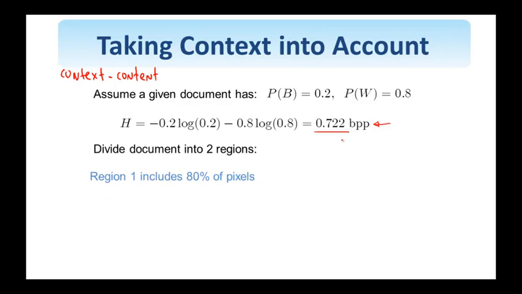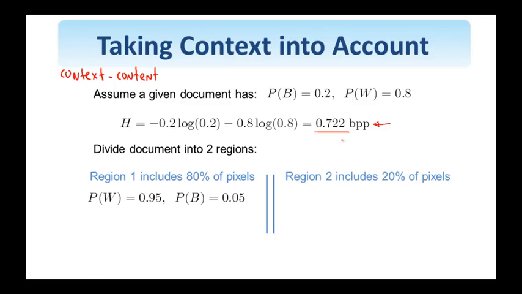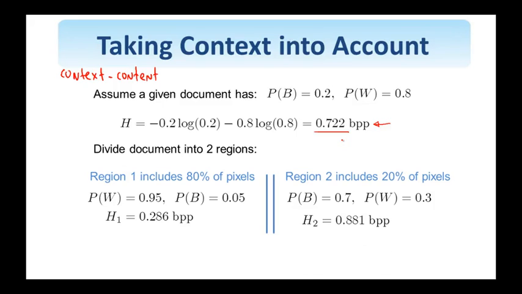Now, we divide the document into two regions. Region 1 is the larger one. It includes 80% of the pixels, and region 2 includes the remaining pixels. Region 1 is dominated by white pixels. 95% of them are white. So we find the entropy for region 1, which is equal to the number shown here. Region 2 is dominated by black pixels, and the corresponding entropy is shown here.